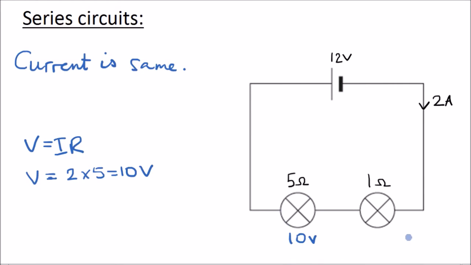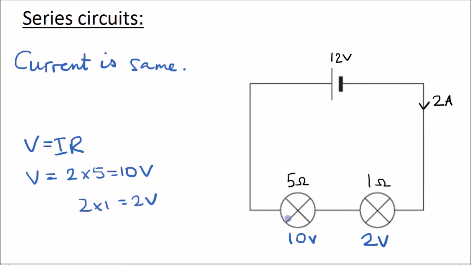If we look at the second lamp, V is equal to IR, I is still 2, and R is now 1. So 2 times 1 equals 2 volts. So there's 2 volts of potential difference across this lamp and 10 volts across this lamp.